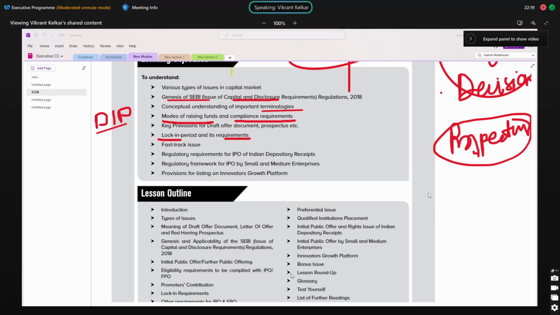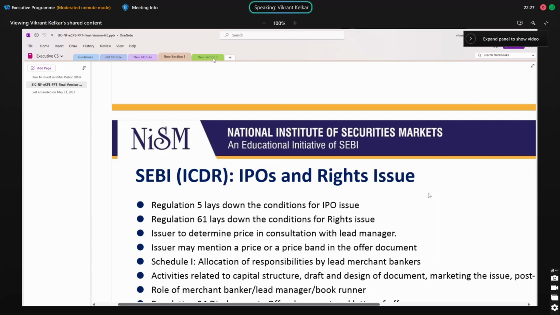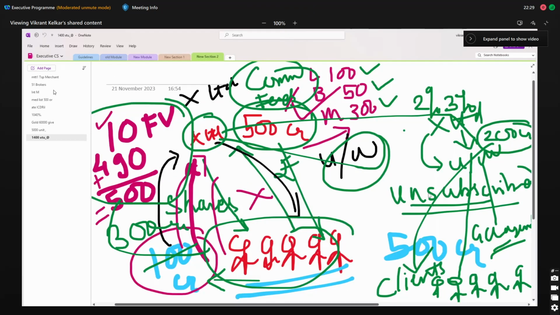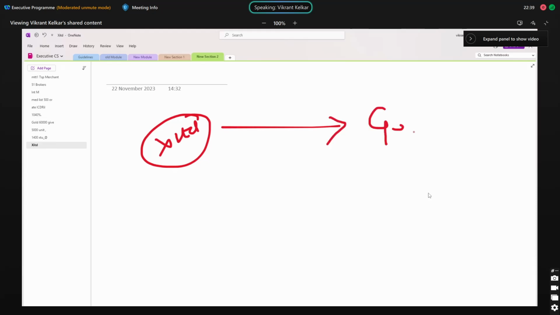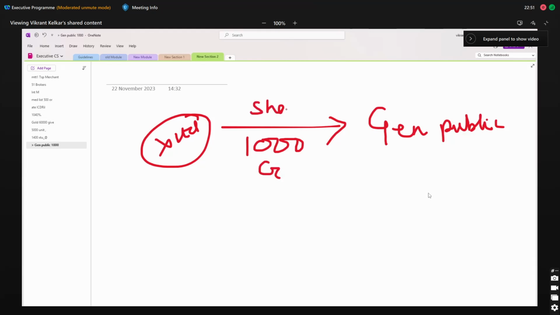A typical case, look, when we are talking about an IPO, our assumption is, one second, yesterday we had the diagram also. What was the diagram? Suppose a company X Limited wishes to issue its securities to whom? The general public. Suppose X Limited is raising shares worth rupees 1000 crore through the general public, through an IPO.